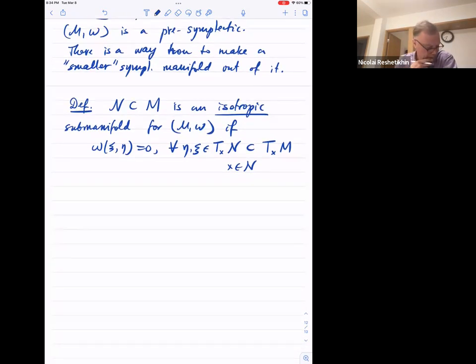Let's formulate it in an equivalent way, an equivalent definition.